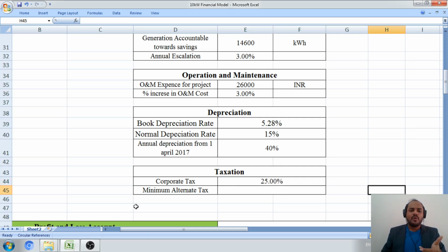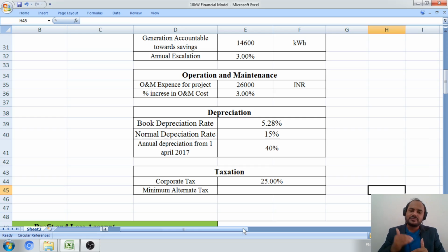Again, we have to consider the minimum alternate tax also, because some companies might show the taxable income, because the corporate tax is calculated on the taxable income, as a lesser value, so they might not pay tax to the government. That is why the Indian government introduced the minimum alternate tax concept.